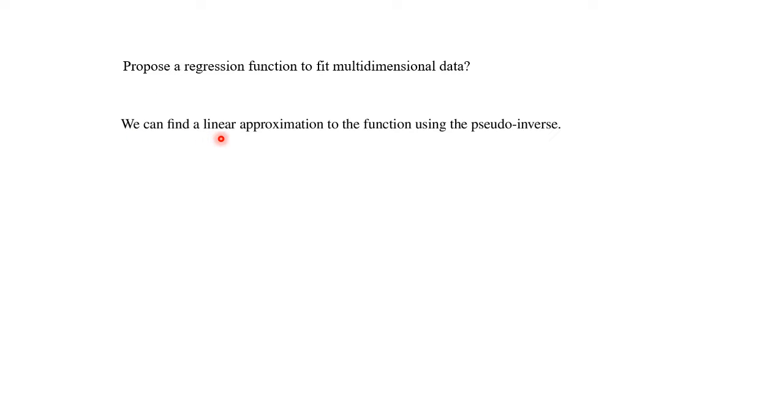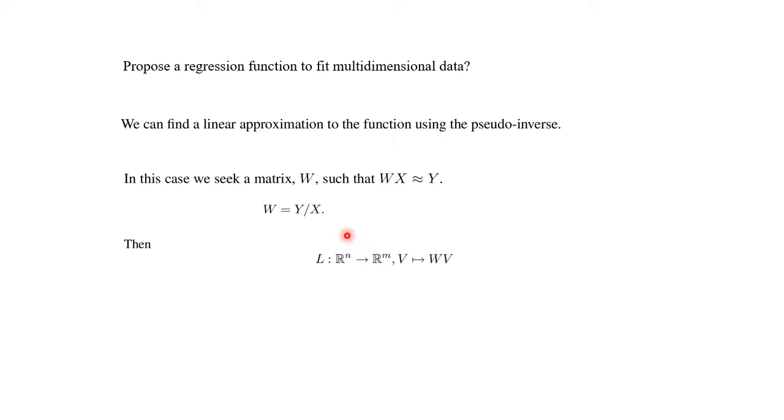We could try and find a linear approximation to the process. In other words, we could look for a matrix W so that W times the input vectors approximates the output vectors. We could solve for W using the backslash operator. But in general, if you've got an association between R^n and R^m, and this represents a chemical process, then it's unlikely to be modeled by a linear relationship.